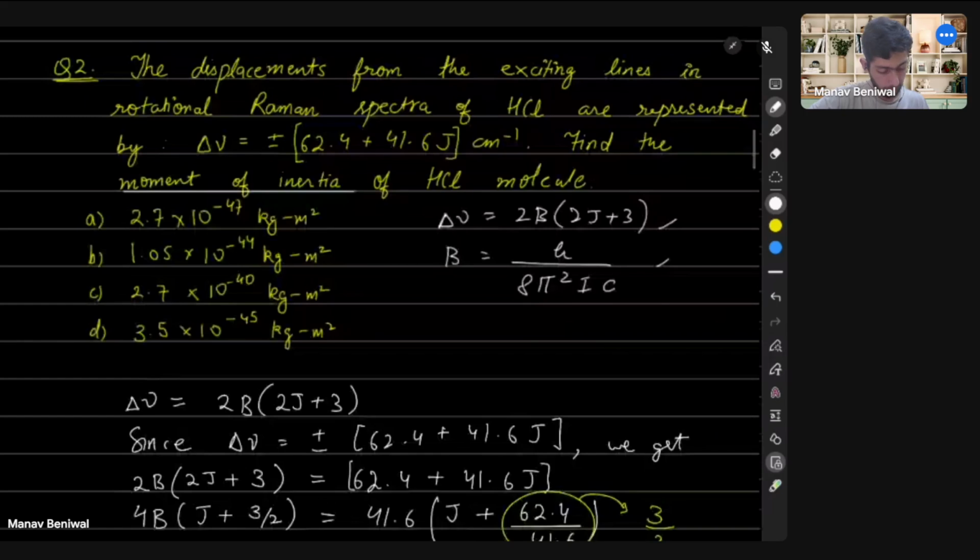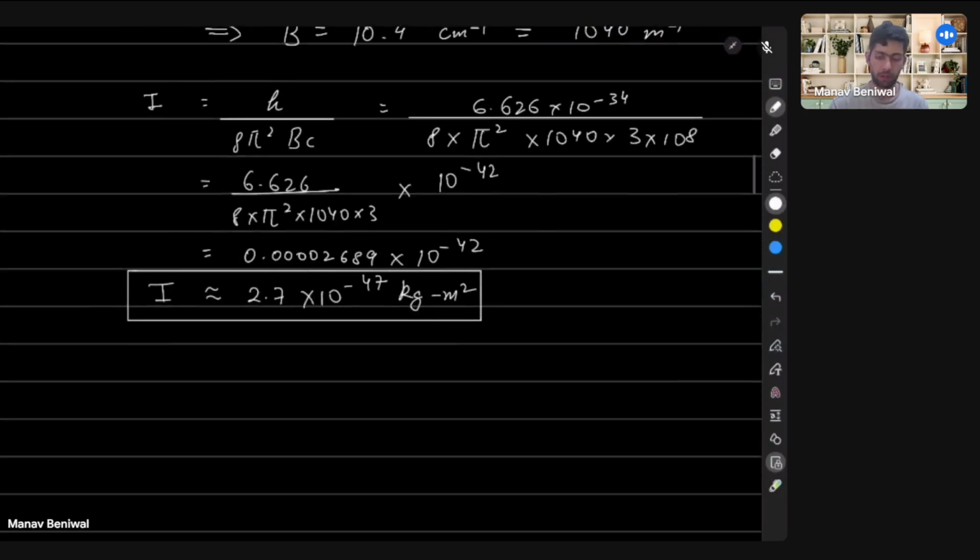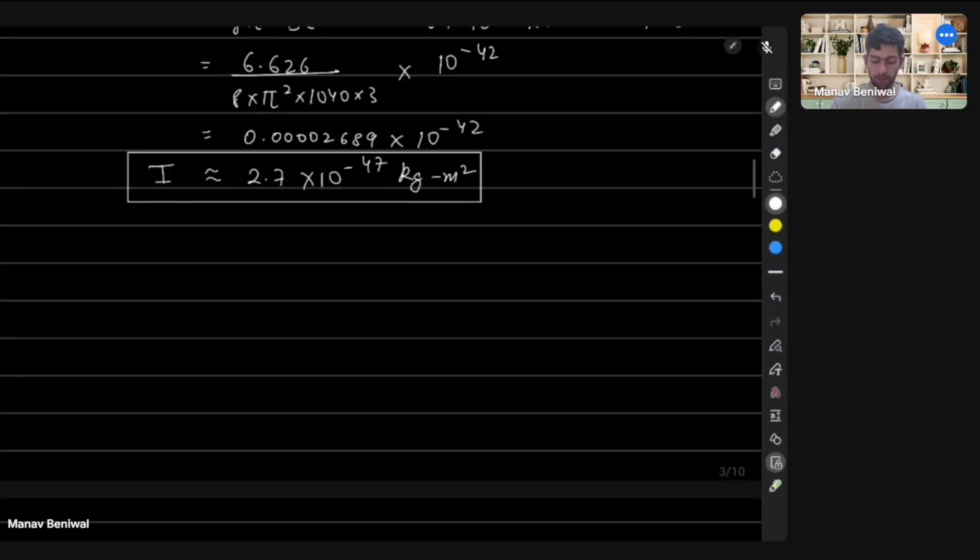So option A. Okay, so this is how we can find out the moment of inertia of a molecule if we know the displacement in the Raman spectra. Okay, all good. Let's do the next problem.